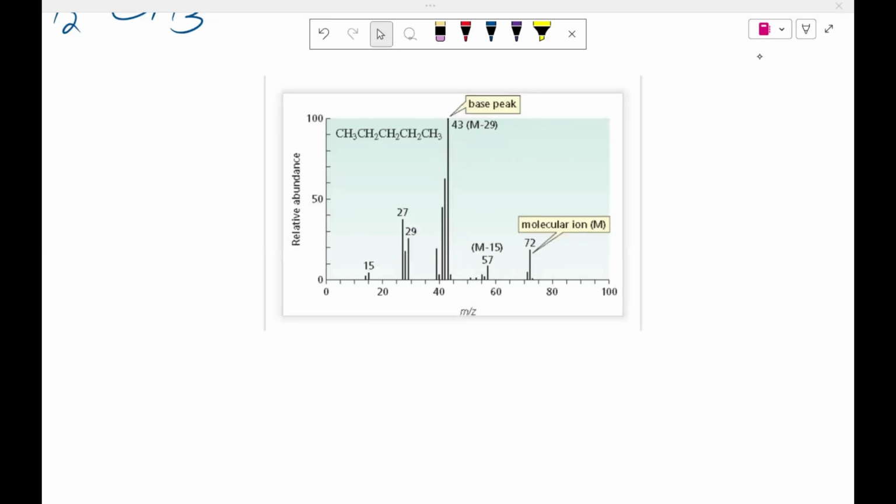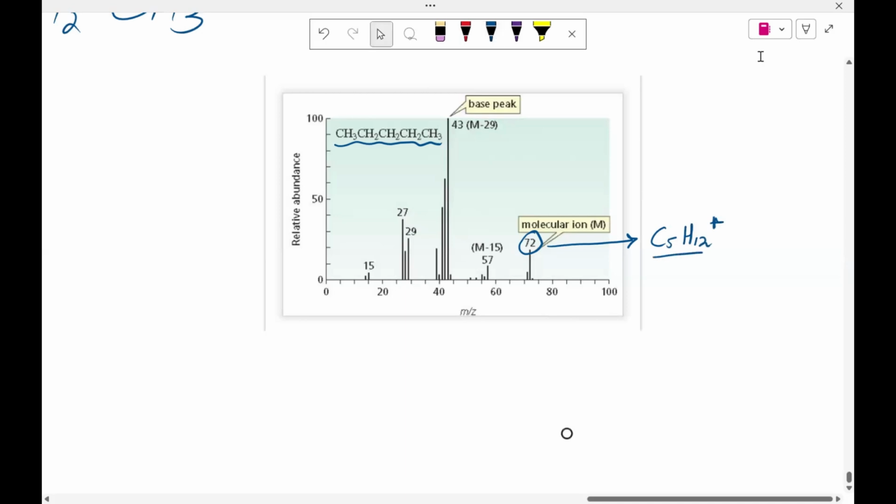So, first of all, the important thing for you to understand is that the peak present on the most right hand side, in the mass spectrum of pentane, represents the peak of the molecular ion. That would be C5H12 positive, because it has lost an electron, so it has become positive.